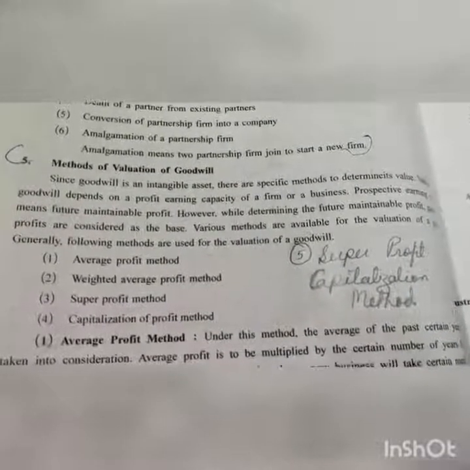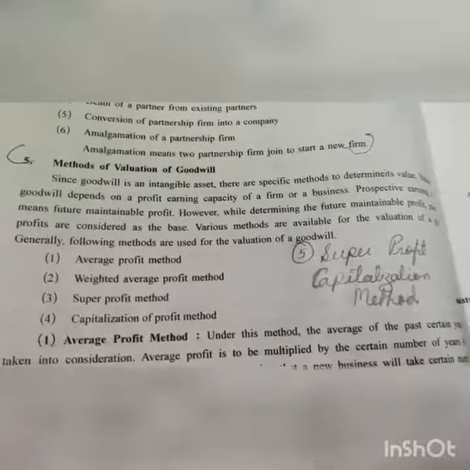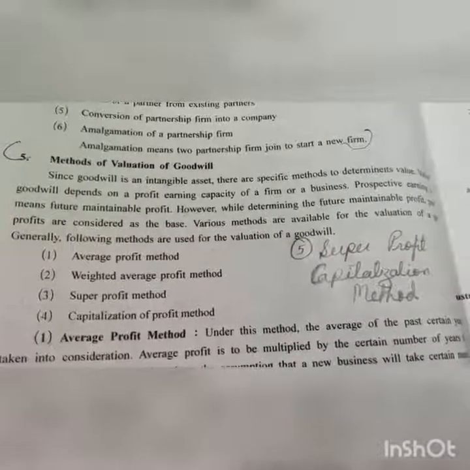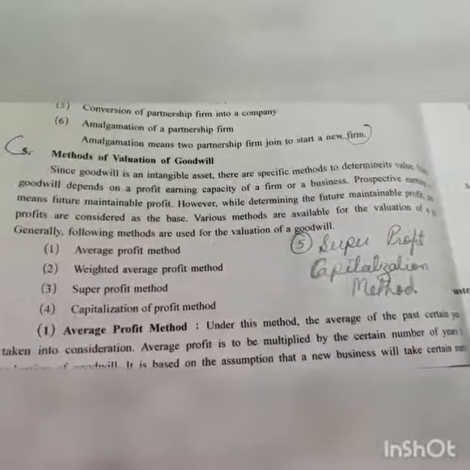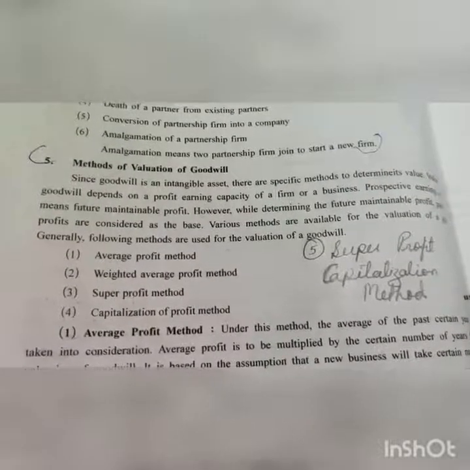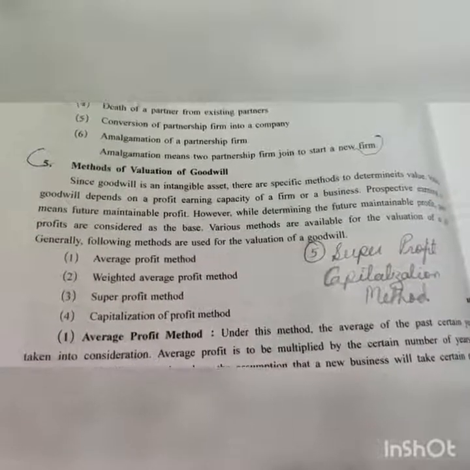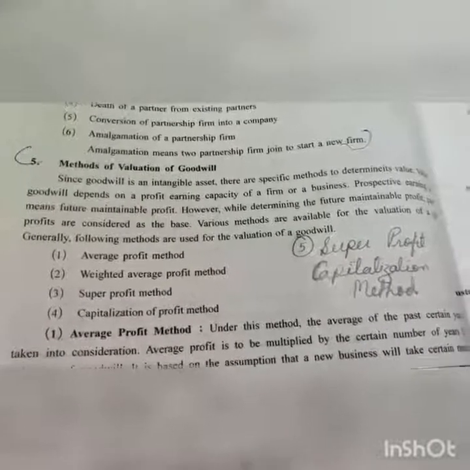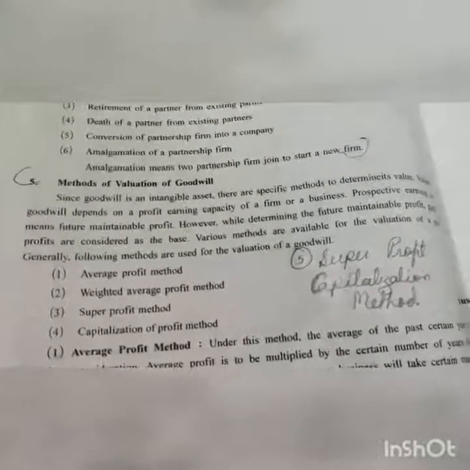It means the third and the fourth methods are combined, and only the last step is different. The fifth one is an extra method given in the textbook. Otherwise, if they ask how many methods are there, write only four: average profit, weighted average, super profit, and capitalization of profit.